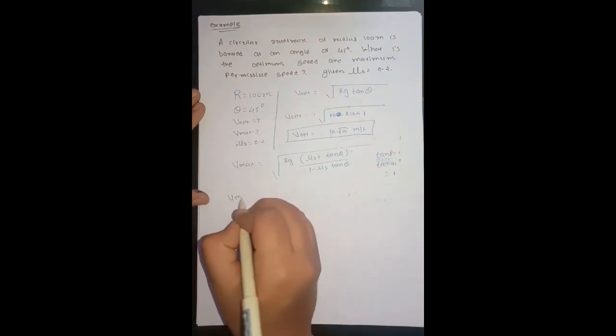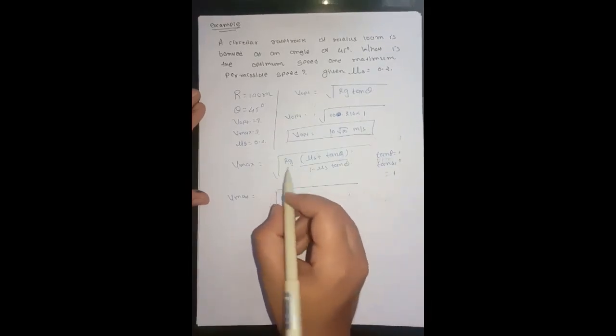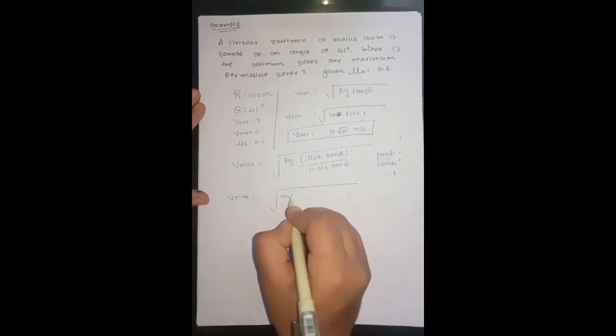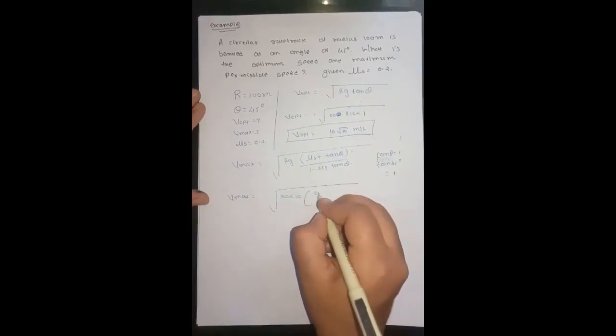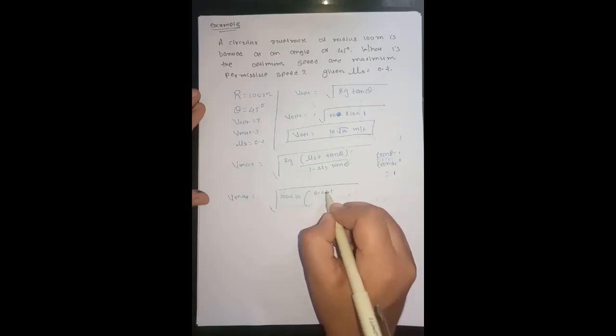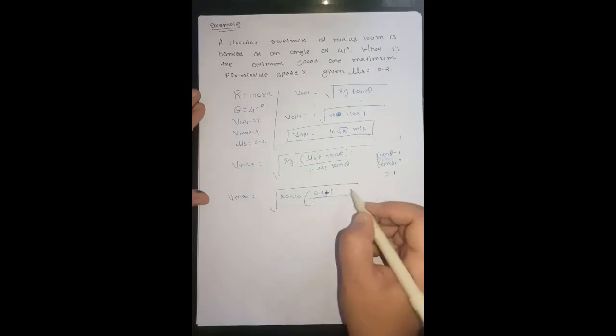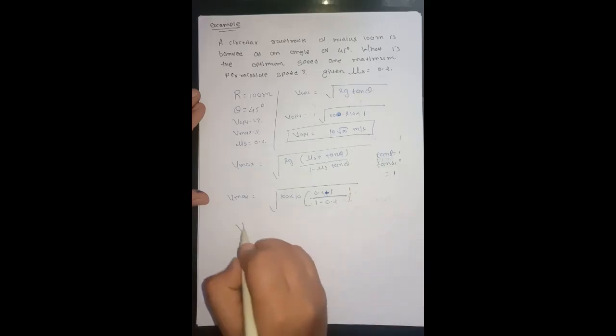So v max will be equal to under root R, that is 100, into g, that is 10, into (mu s, that is 0.2, plus tan theta, 1) divided by (1 minus 0.2).